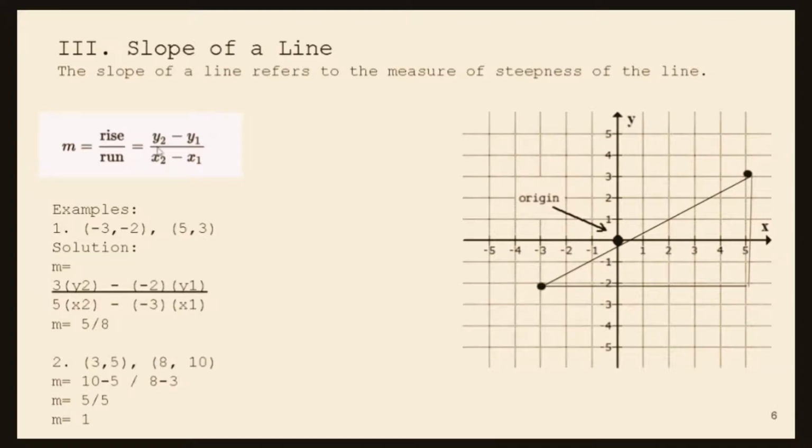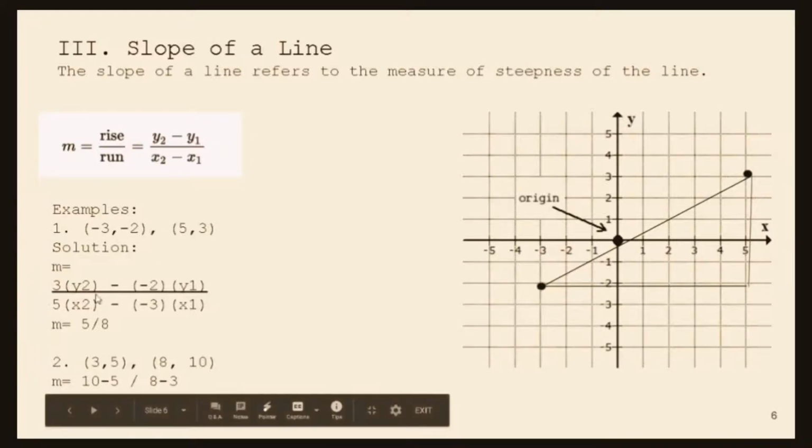So, the formula is y2 minus y1 over x2 minus x1. I'm sorry, I keep getting that wrong. So, 3, which is yung y2, minus -2, which is yung y1, over 5, which is yung x2, minus -3, which is yung x1. Ipapag-minus-minus mo lang yan.